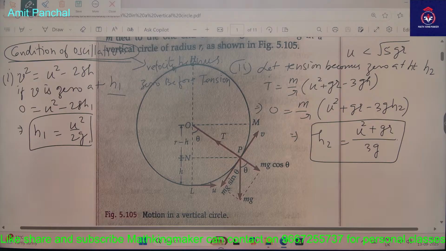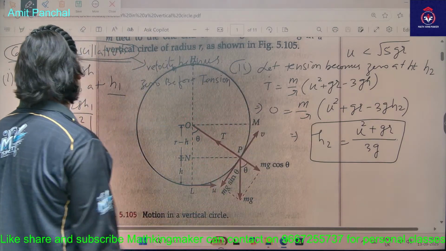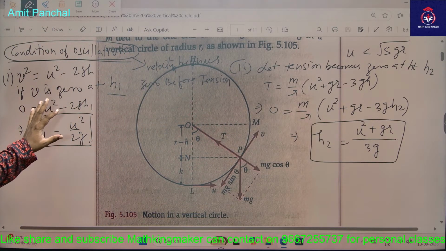In that scenario, what will be the relation between H1 and H2? Your tension becomes 0 after your velocity becomes 0.